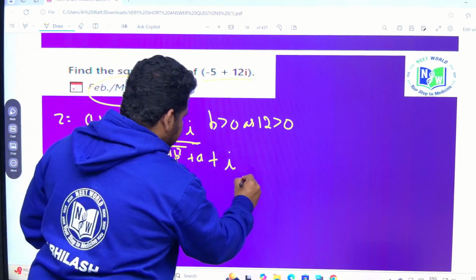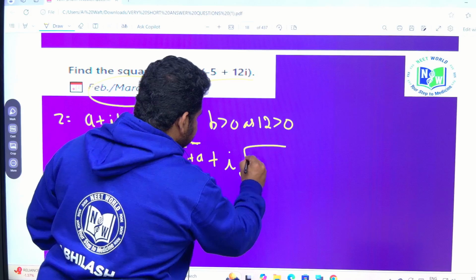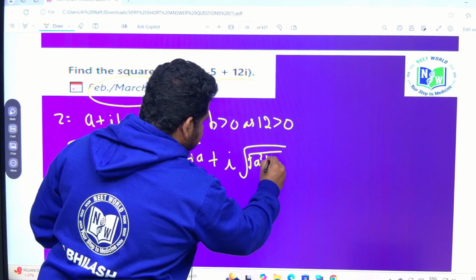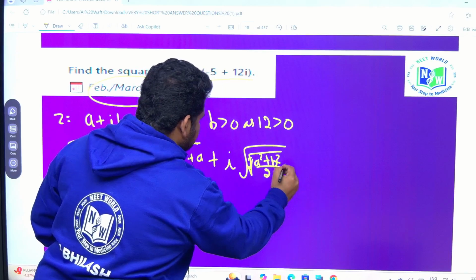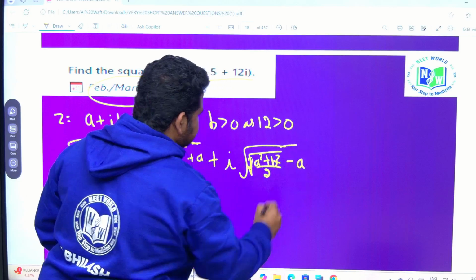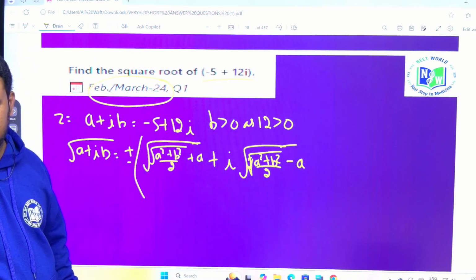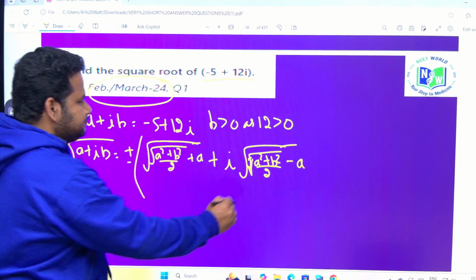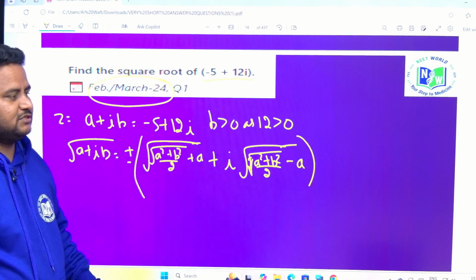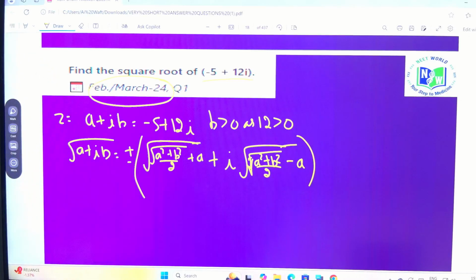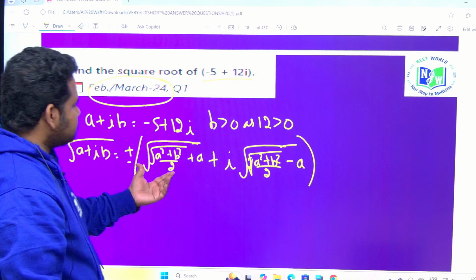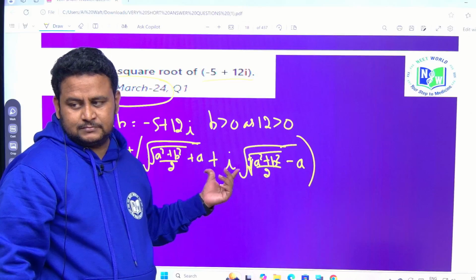Now, this will become again square root of a square plus b square by 2, this will be minus a. Got it? So here it will be plus, here it will be plus.